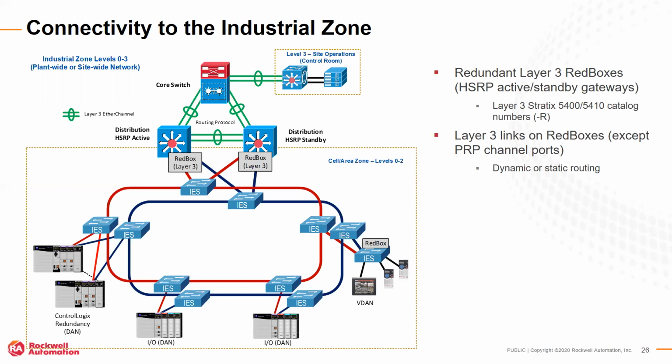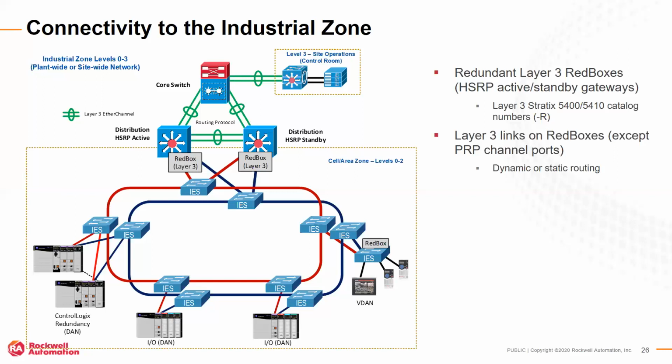The distribution switches in a CPwE are typically layer 3, and they're typically implemented in a redundant fashion, with HSRP, which stands for Hot Standby Router Protocol, so you have an active and a standby distribution switch. But most critically, those distribution switches need to be RedBoxes, or redundancy boxes. Essentially you're connecting the larger plant network to the PRP via RedBoxes.